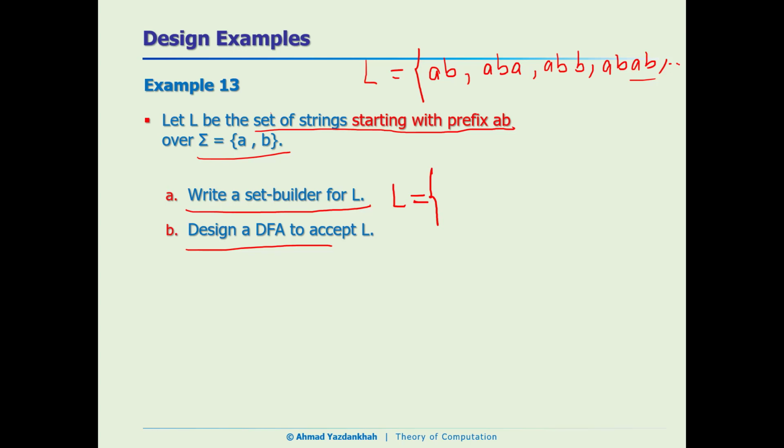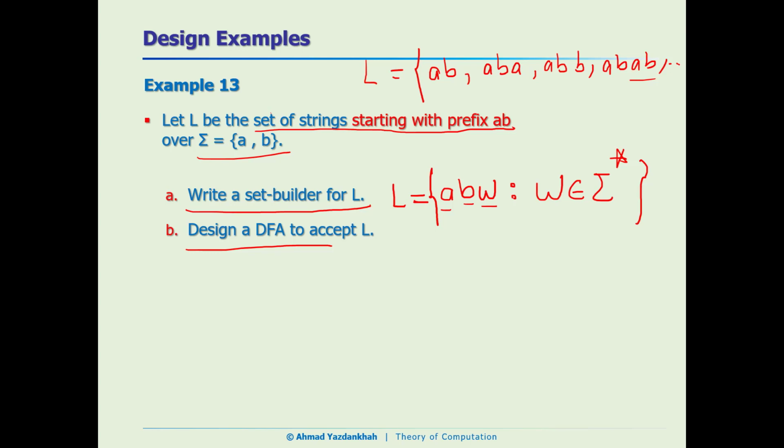So our pattern will be AB followed by W. For the explanation here, A and B are constants, but W is a variable. We need to define that W. W belongs to sigma star, so it means that W can be any string after the AB. So this is the set builder.